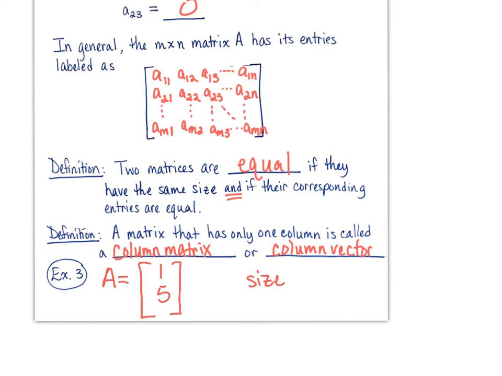Remember the size is always given by rows by columns, so it's 2 by 1. This is an example of a column vector, since there's only 1 column.